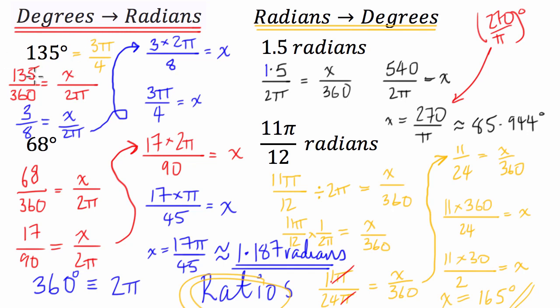You get the fraction that your degrees are over 360, or the fraction that your radians are over 2 pi, and then you equate that to whatever your fraction is in the other unit of measurement over 2 pi or 360. And when you do it, then you can just solve for your x value. And if you know how to do simple algebra, and you don't make that many silly mistakes, you can get this right every single time.